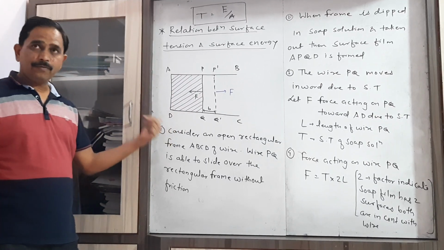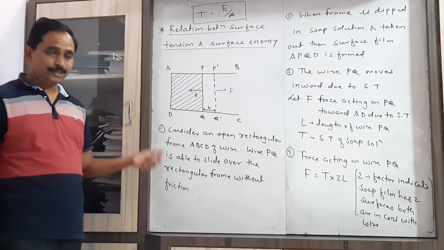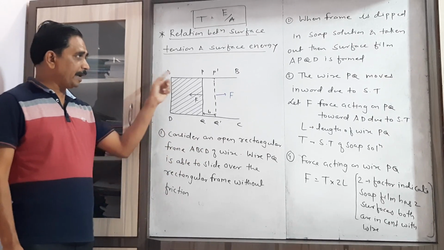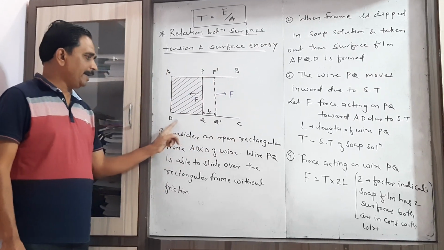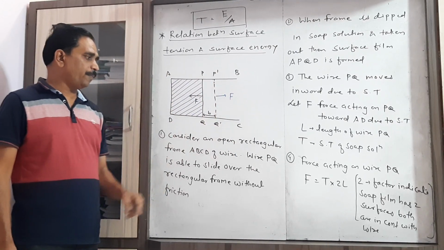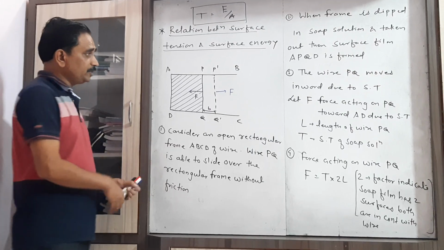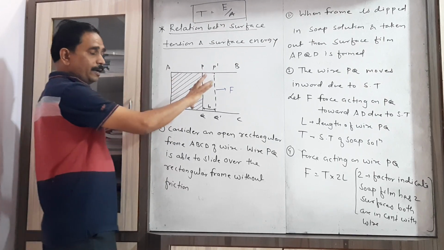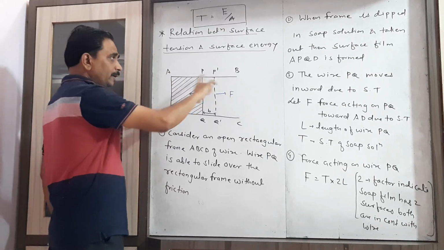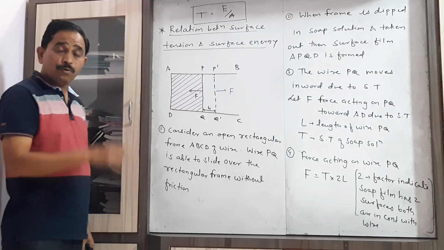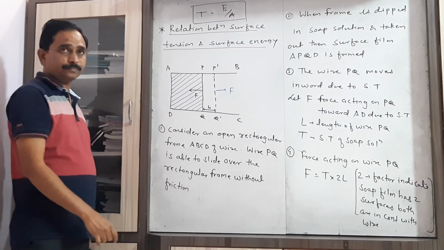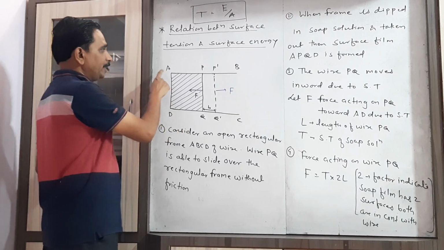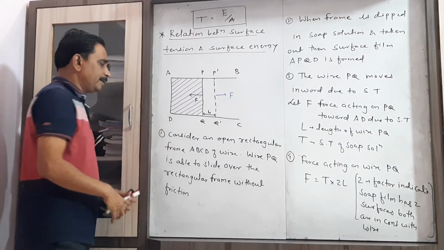So that's why the first point is: consider an open rectangular frame A, B, C and D, because this side is open initially. Then you have to consider one wire, that is the PQ, which is able to slide over this open frame without friction. So that now we have the square frame, that is A, P, Q and D.